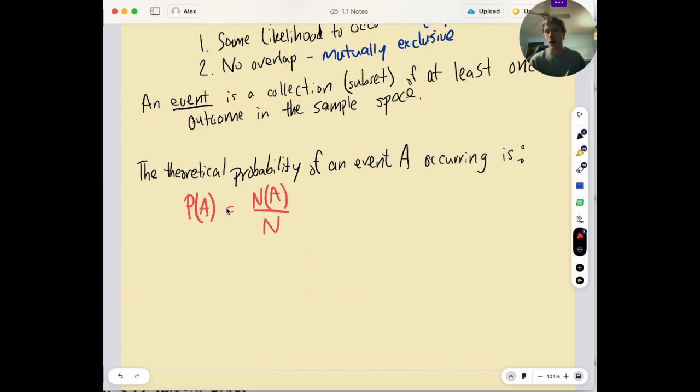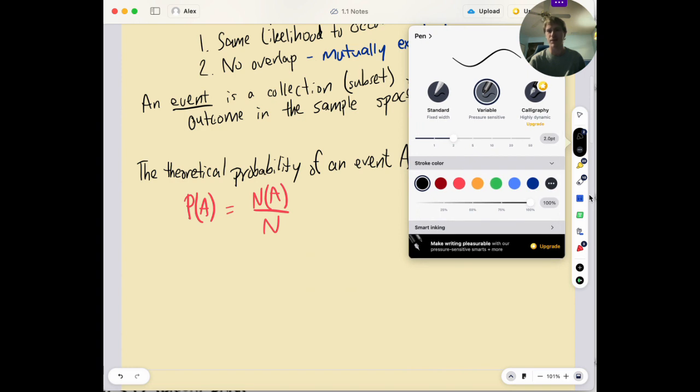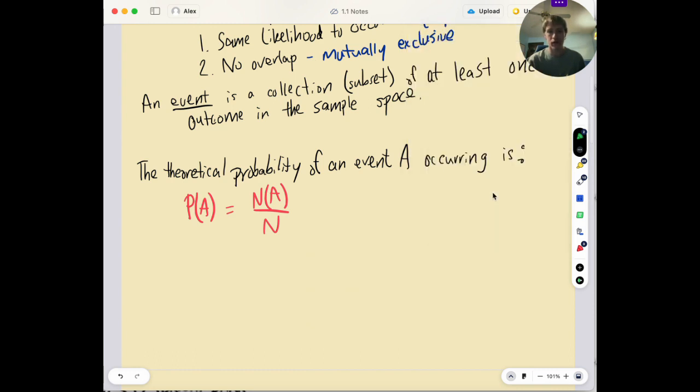Now, first things first, if this reminds you a little bit about function notation, like F of X, good, it should. Probabilities can really be thought of as functions where you're inputting an event and you're outputting a number between 0 and 1. But nonetheless, what is that notation?